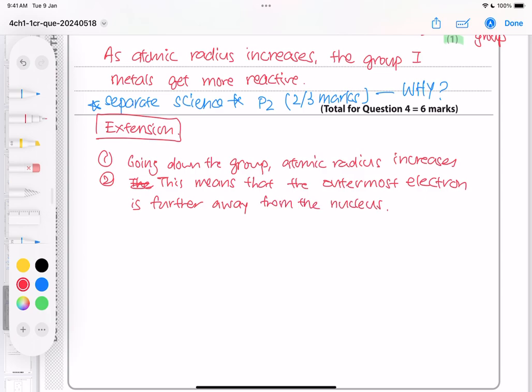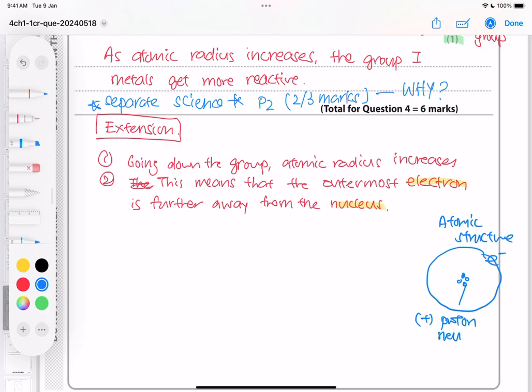Now, what's the relationship between the electron and the nucleus? If you pause and think about the chapter on atomic structure, the electrons are always in the shell, isn't it? But what is in the nucleus? In the middle, we have things such as the proton, which is positively charged, and we also have the neutron, which is neutral.